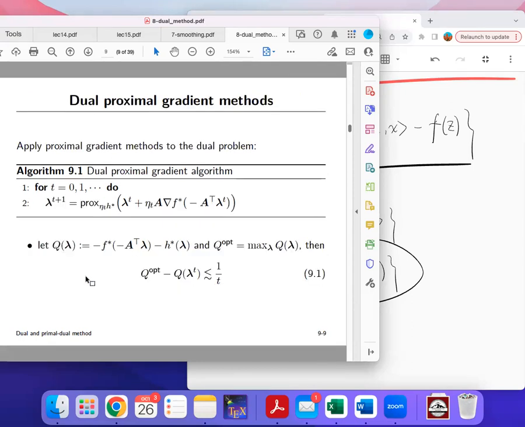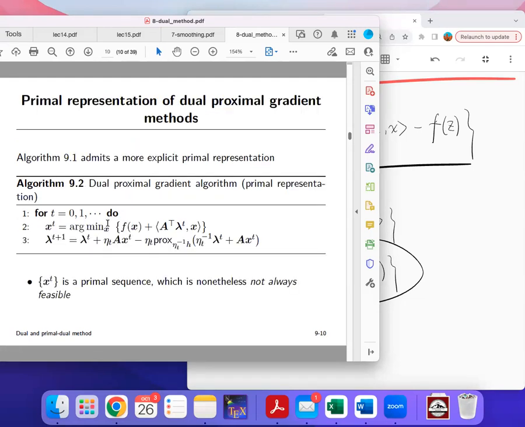And this update rule is a standard proximal gradient update rule applied to the dual problem. Because of the conjugate functions, here is conjugate f, here is conjugate h, we can rewrite this update rule into a more explicit form that involves only the primal functions.